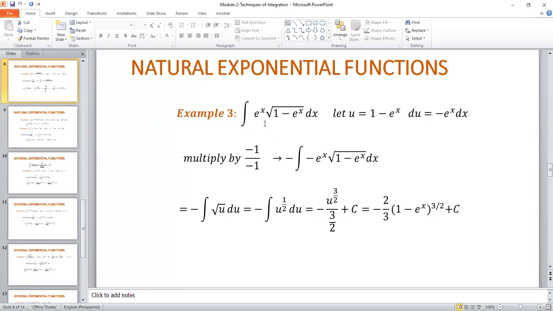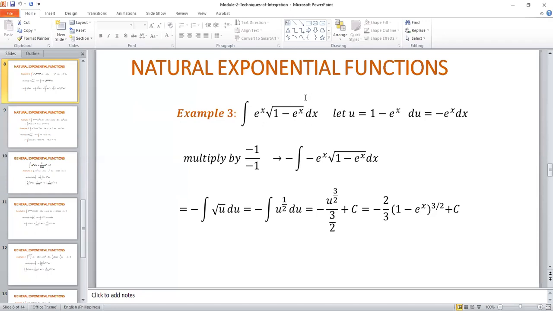So then, if you cannot make your e^u as e raised to x, then maybe we can check if this one could be your u. Okay? We won't have here the expected e^u du form, but rather what we can have is this expression that is under the radical sign could be now viewed as an expression which is raised to 1/2, meaning the entire 1 minus e raised to x.